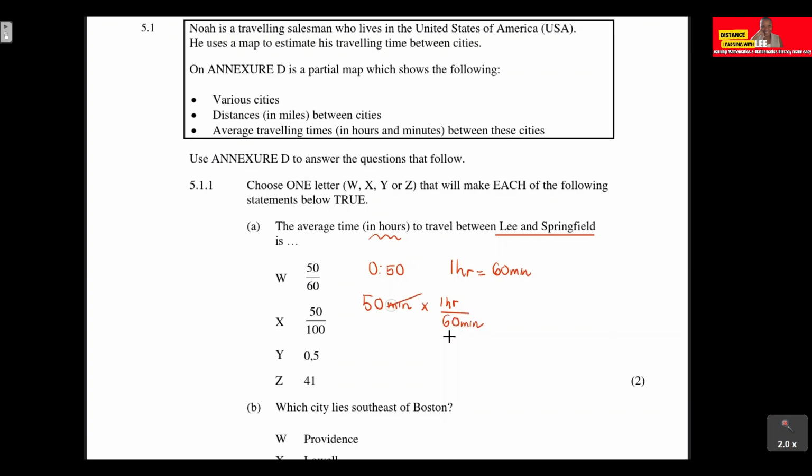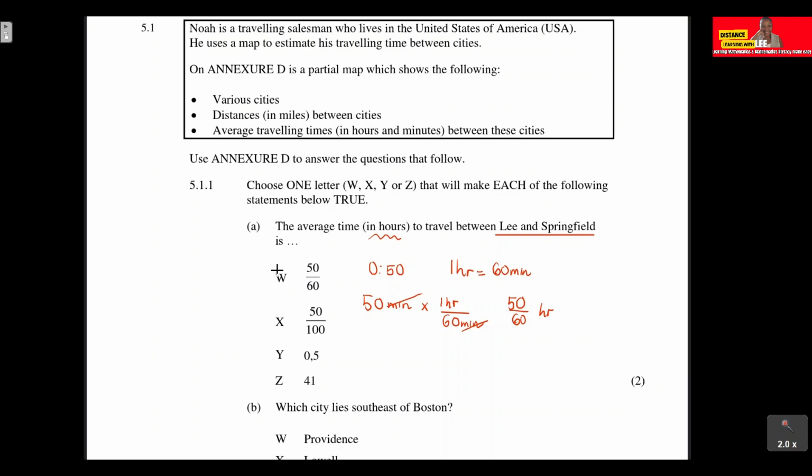So we have found that the correct option here is 50 divided by 60 hours.